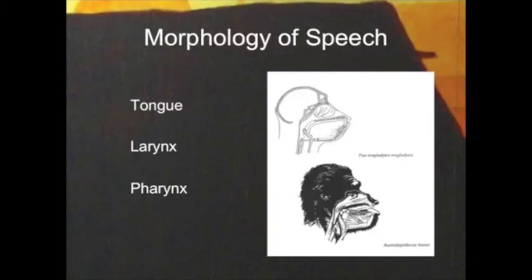So the larynx is a hollow muscular organ. It holds the vocal cords and allows air to pass to the lungs, and it also controls pitch and volume. So it's very important in a number of ways with regards to the manipulation of sound in a very controlled fashion.